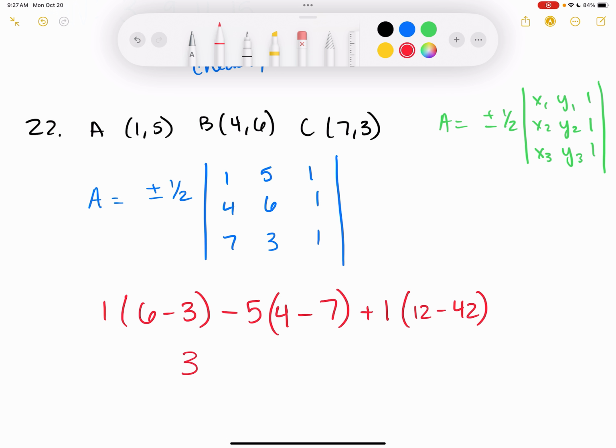Negative 5 times negative 3 is positive 15, and then 1 times negative 30 is just negative 30. So that means that this value is negative 12. So it needs to be multiplied by negative 1/2 in order to become positive. And obviously then my area would just be 6.